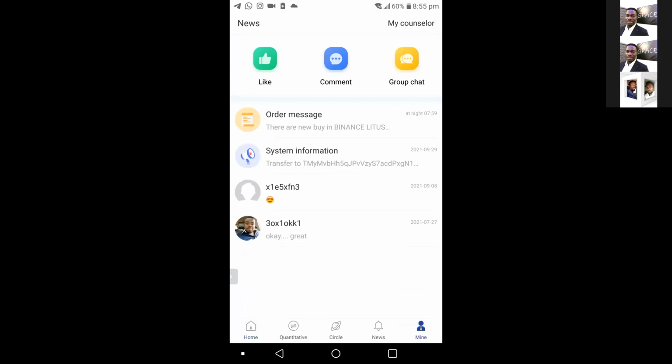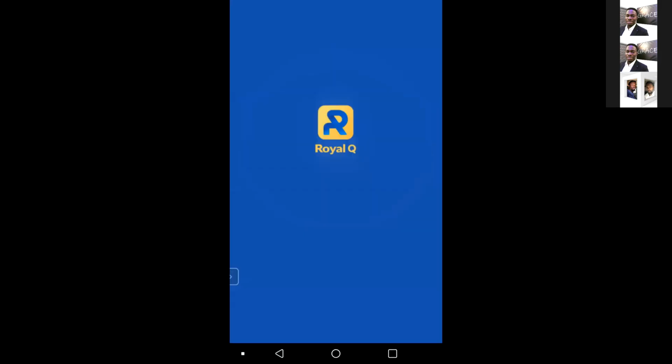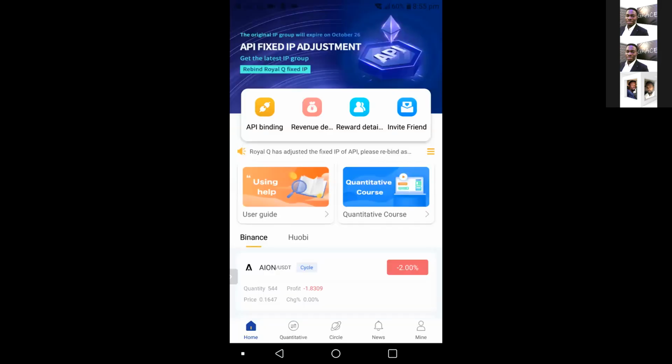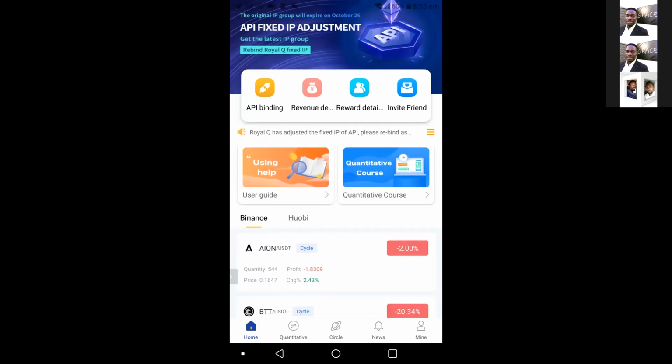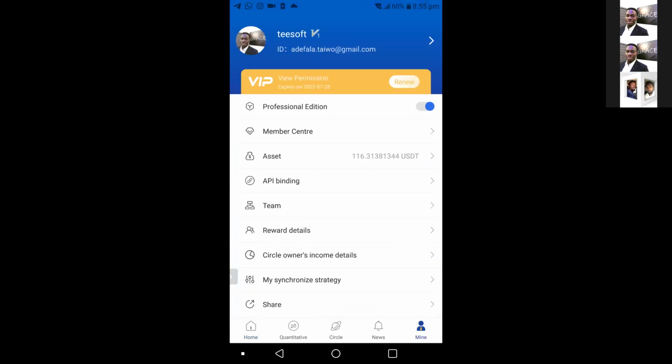Now, to activate the bot, you need to register. I think let's just continue on WhatsApp. I'll call you again on WhatsApp because this meeting will end soon. So you activate the bot. You see this renew here. You see I bought the bot on the 28th of July.